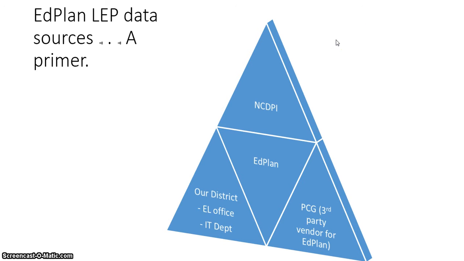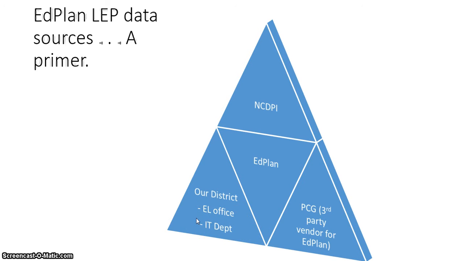There are three main data sources that work together with EdPlan. There is a backdoor data component with the North Carolina Department of Public Instruction that provides LEP data. There's our district office, our English learner office, and I am the one who is administrating EdPlan for our EL office. Our IT department also works very closely with me.